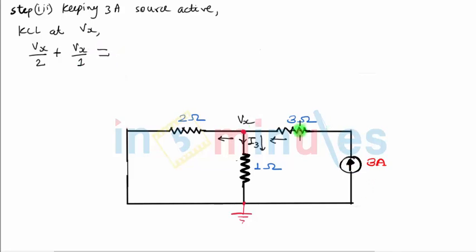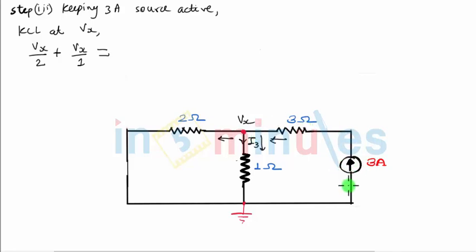Now please remember that you can't write a current expression in this branch using the 3 ohm resistance, because this branch already has a current source, and hence we already know the current in this particular branch. In a KCL equation, all you need to know is the current in each and every branch. So if there's a current source in a specific branch, then we already know the value of the current.